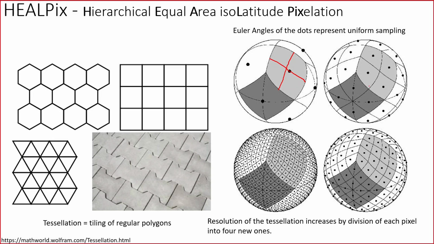And then again, the dots will represent the uniform sampling towards which the vector of the phi and theta angle will point. And you can divide this into finer and finer samplings until the desired sampling rate is achieved.